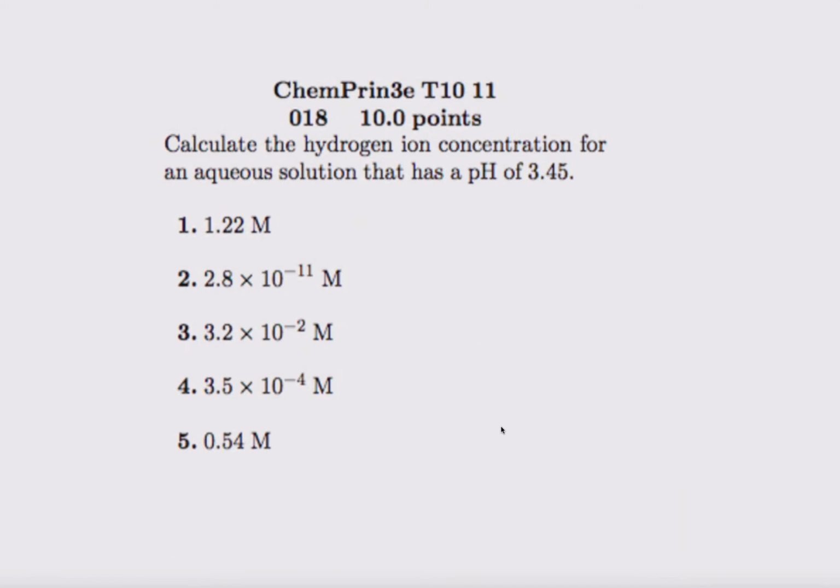What would be the hydrogen ion concentration for an aqueous solution with a pH of 3.45? So what we're going to do here, since the pH is the negative of the log of the hydrogen ion concentration, then to find the hydrogen ion concentration, we need to take the 10^x, or the anti-log, on your calculator.